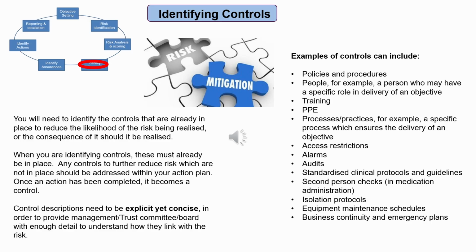Examples of controls can include policies and procedures, people, for example, a person who may have a specific role in the delivery of an objective, training, PPE, processes and practices, access restriction, alarms, audits, standardized clinical protocols and guidelines, second person checks, isolation protocols, equipment maintenance schedules, or business continuity and emergency plans.